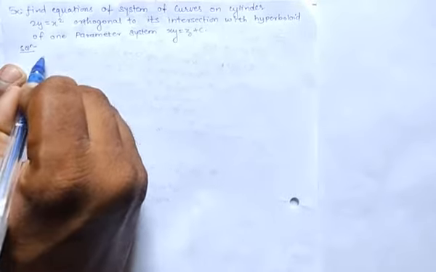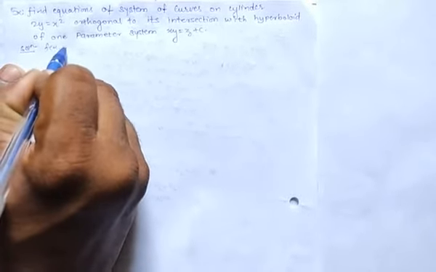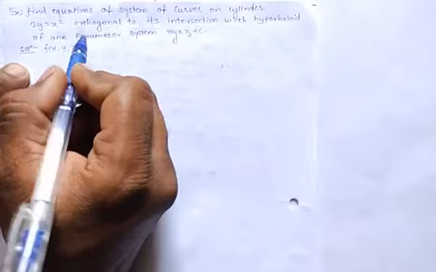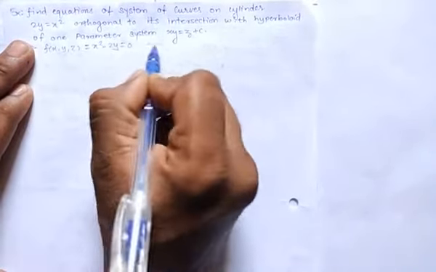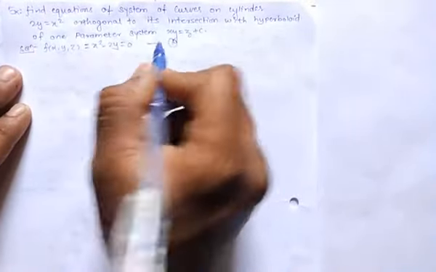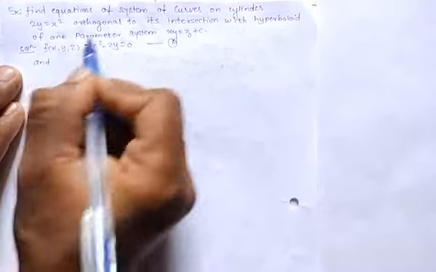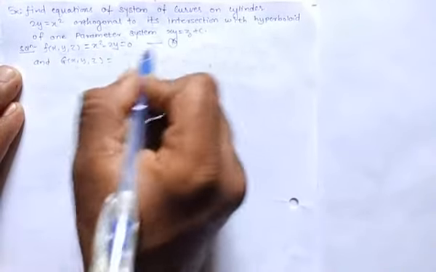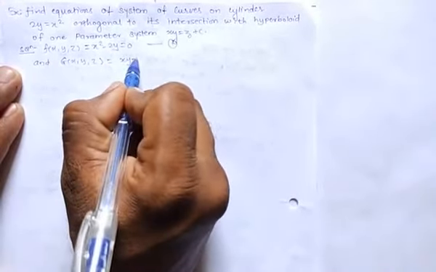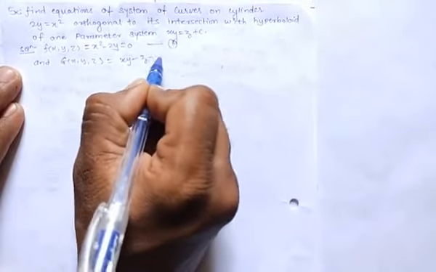What we have here: we have given f of x y z. I will write it for x square, so x square minus twice y equal to 0. This is the first equation, and the second equation is given by the hyperboloid, which is g of x y z is equal to x into y minus z minus c equal to 0.